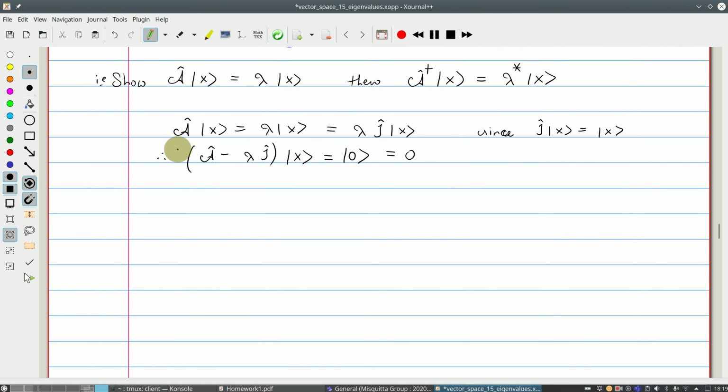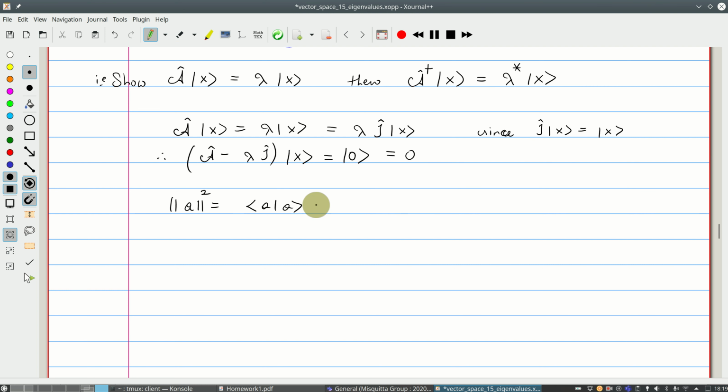Now what we're going to do is take the norm of this. Just to remind ourselves, the norm of any vector A is the square root of the inner product of the vector with itself. Actually what I want is not the norm but the norm squared.